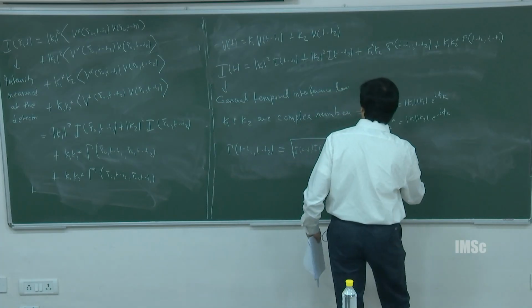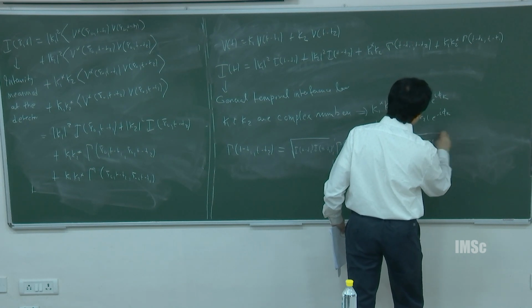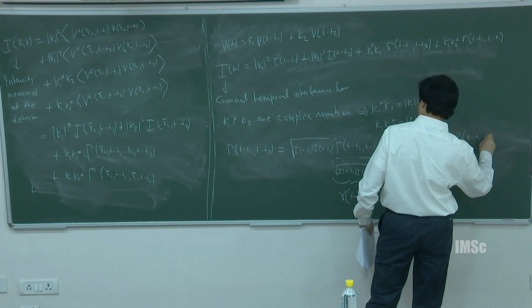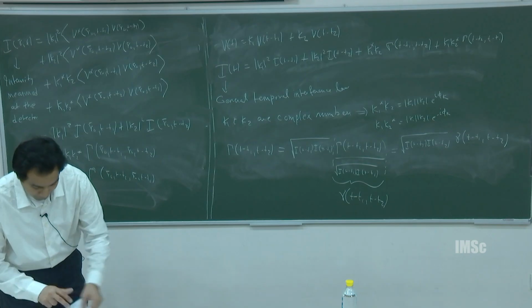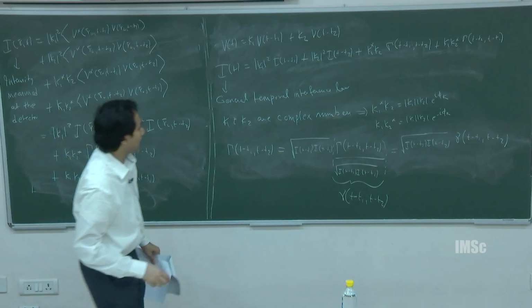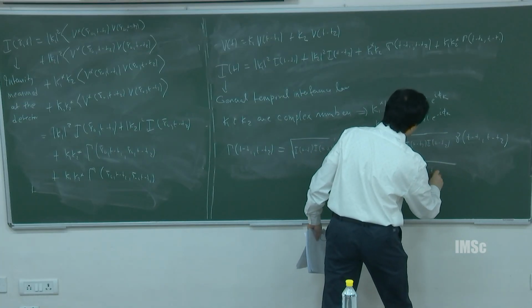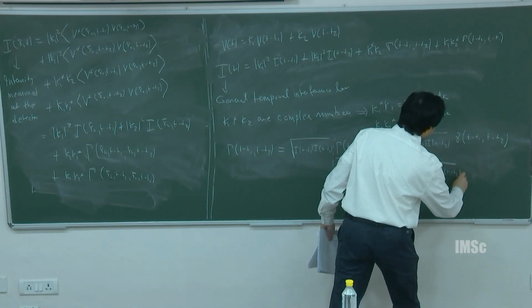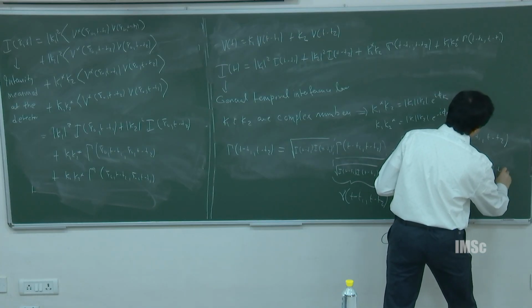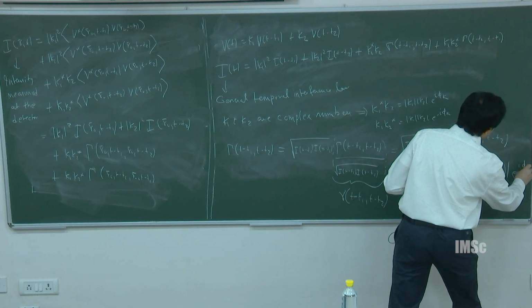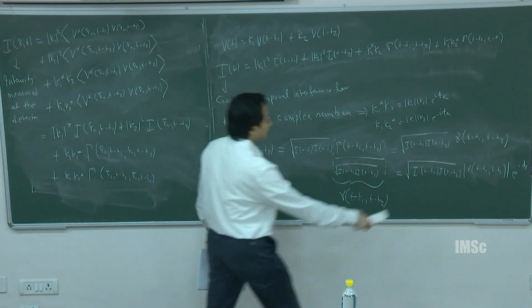So gamma is also complex in general. So you can always write this in terms of its magnitude times some phase, mod of gamma times e power i phi gamma.